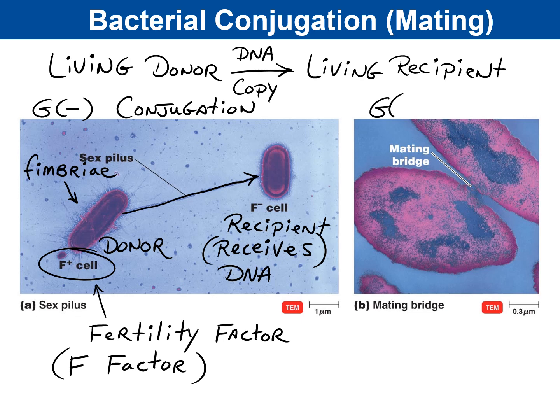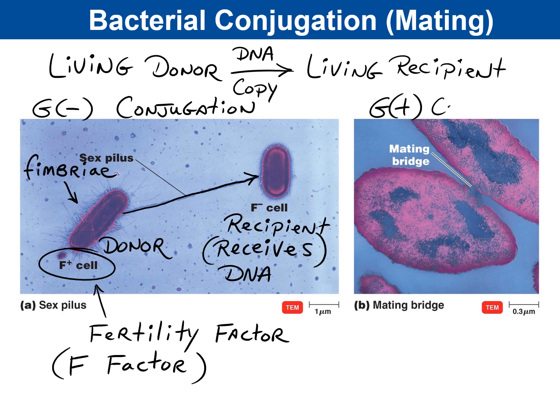This is an arrangement in which a sex pilus is not produced, is not present, but conjugation can still occur, in which the donor and the recipient line up alongside one another and form a so-called mating bridge. The mating bridge does not require the pilus, but nevertheless, DNA can be copied from donor to recipient.